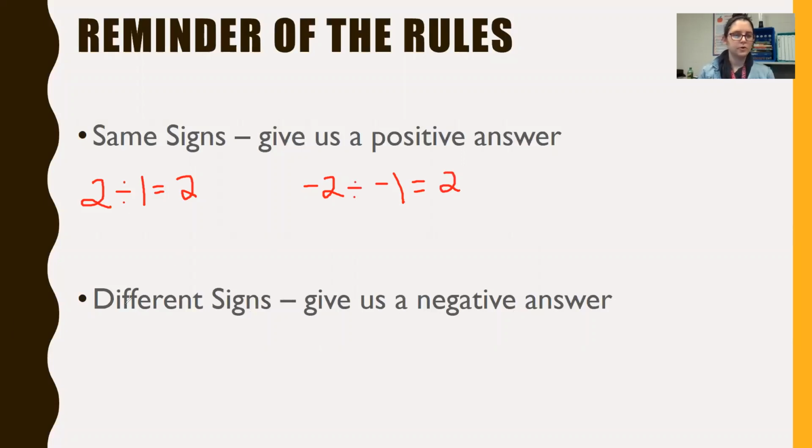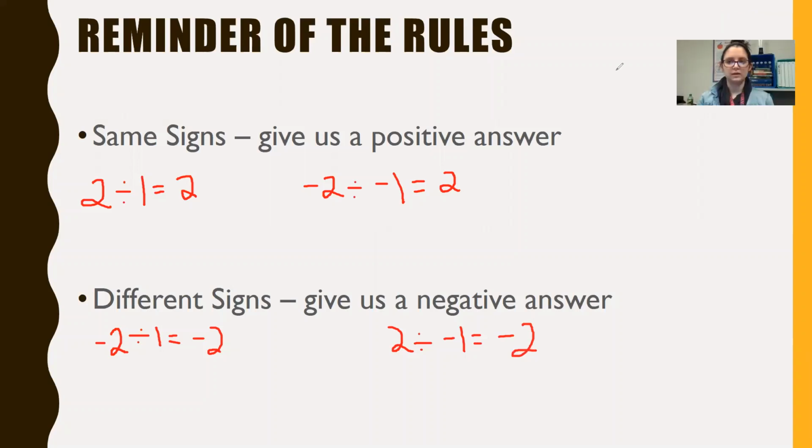So continuing with our 1 and our 2, a negative 2 divided by a positive 1 gives us a negative 2. Or if we have a positive 2 divided by a negative 1, we would still get a negative 2. So if our signs are different, we get a negative answer.